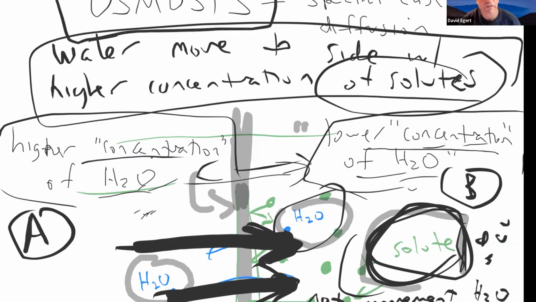Any points of clarification here? We're going to be talking about osmosis a bunch. We're going to be talking about hypo, iso and hyper osmotic solutions and hypo, iso and hypertonic solutions and what that means and what sets that up and why that's so important as we look at all the processes in your cells.